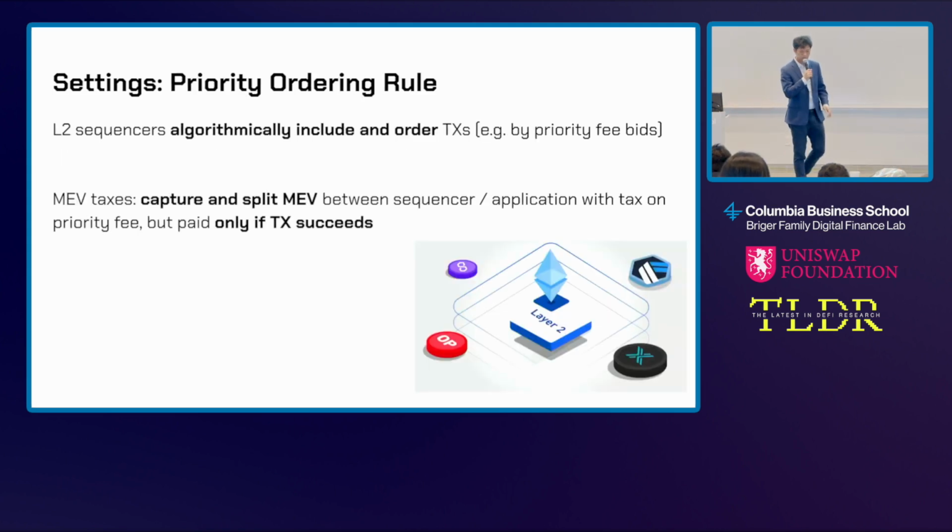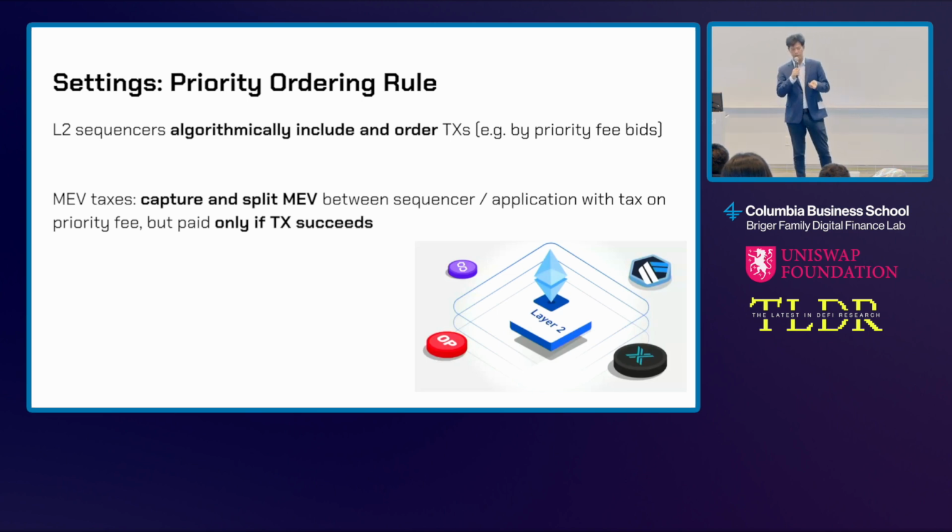Another setting in which revert protection can be relevant is on sequencers that use priority ordering rules. Layer 2 sequencers are more algorithmic in their inclusion and ordering. Instead of bidding for inclusion, they algorithmically include and order transactions, for example, by first come, first serve, or, in our case of interest, by priority fee bids.